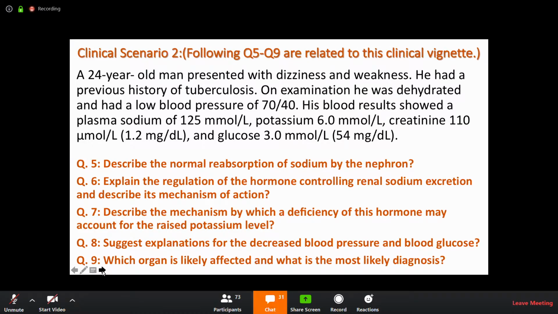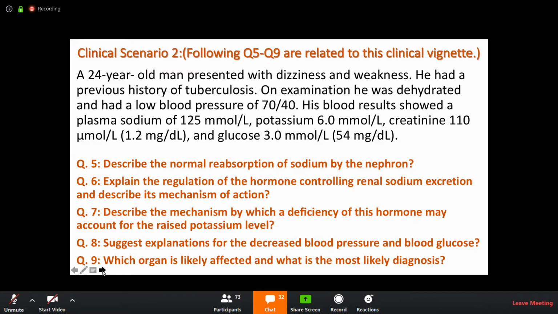At the same time, in exchange for sodium by the principal cells, you get potassium secretion. And notice, with low aldosterone, you're not secreting the potassium, therefore your potassium is high. Your kidney is working reasonably well, that's the creatinine.